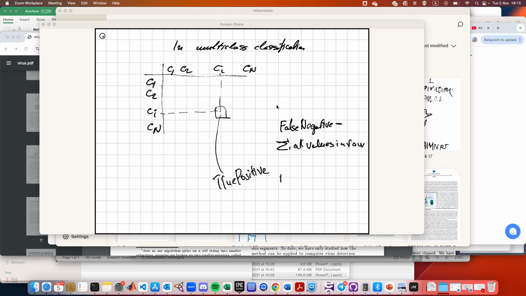And false positive then is the sum column-wise without the diagonal element.